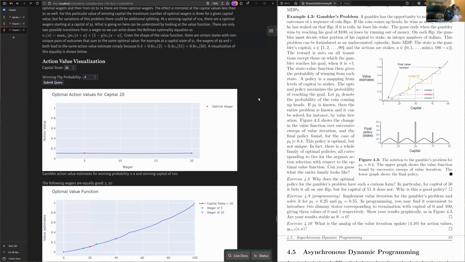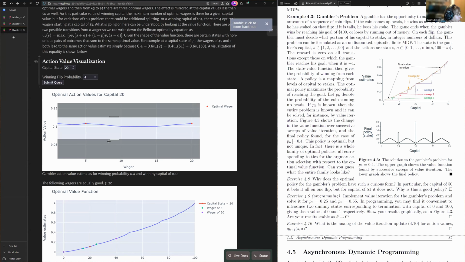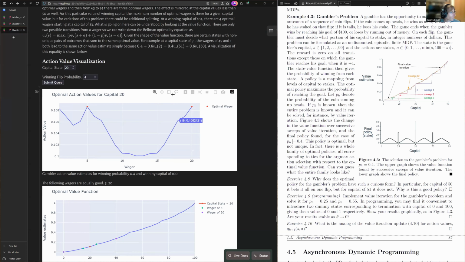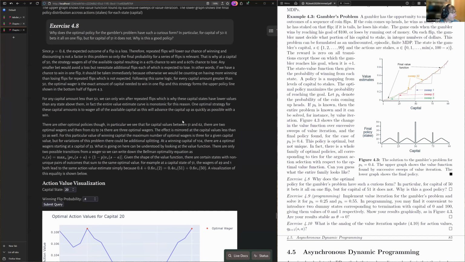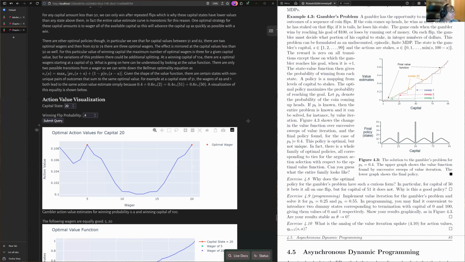What's being shown here is the action value function. I'll zoom in a little bit. Right here, I'm showing the value function of the optimal policy. This is the action value function, meaning the expected value of each action. And these are the two actions that share the argmax, right?